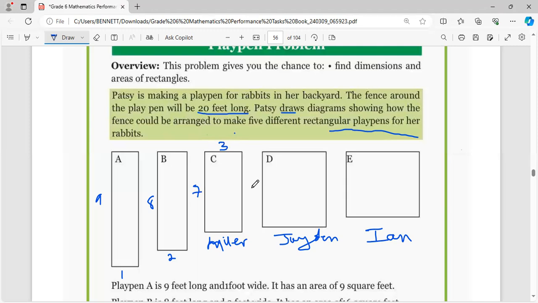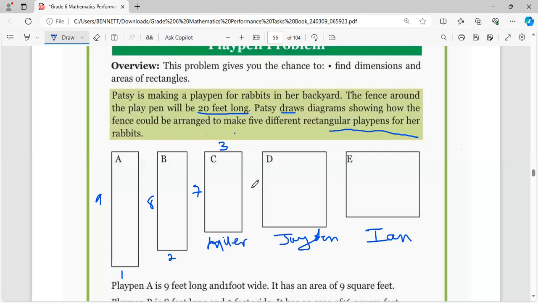Alright, Jaden, go ahead. What's for D and how do you know? Sir, by looking at the diagrams, you would observe that both the length and the width, if you add them 2 times, you get 20 feet.